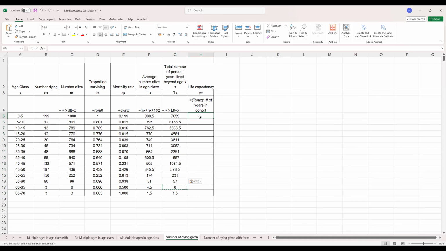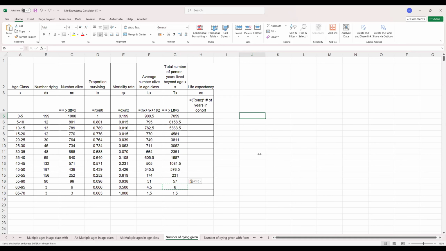But wait, how many years are there in each age class? So is this overlapping or non-overlapping? Can someone answer? Again, is this an overlapping or a non-overlapping age class? Miles, go ahead. Overlapping po.